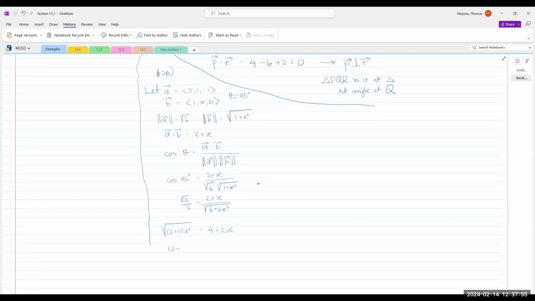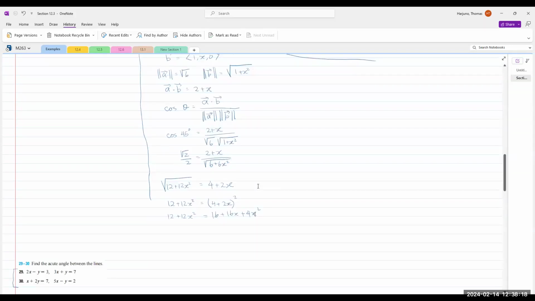I get 12 plus 12x squared equals 4 plus 2x being squared. I think I overkilled this though. There must be some common factor that I can reduce later on. But this is 16 plus 16x plus 4x squared. Set one side equal to 0.